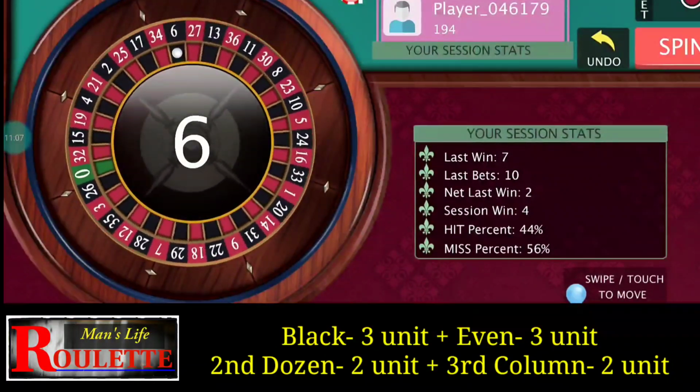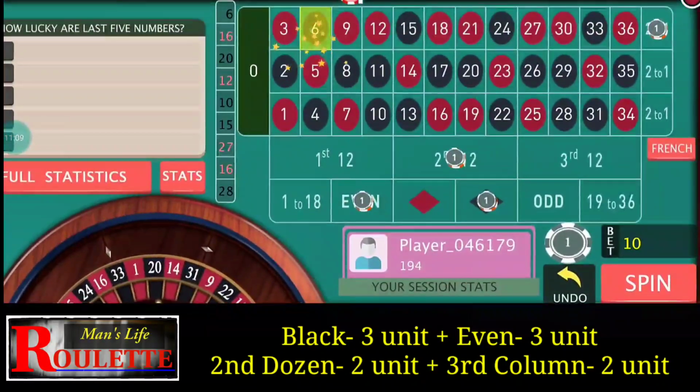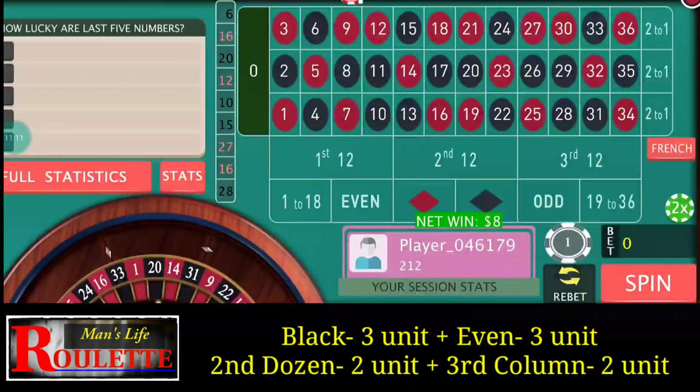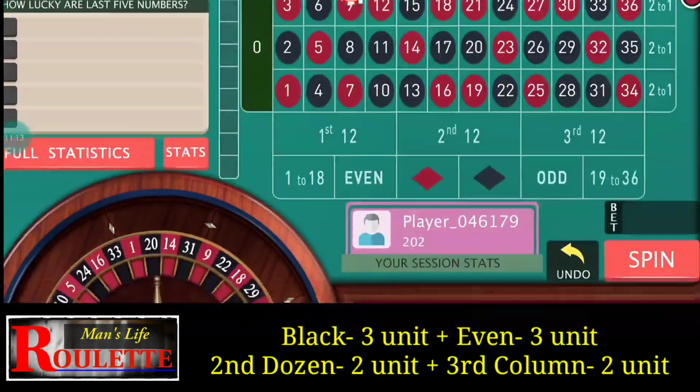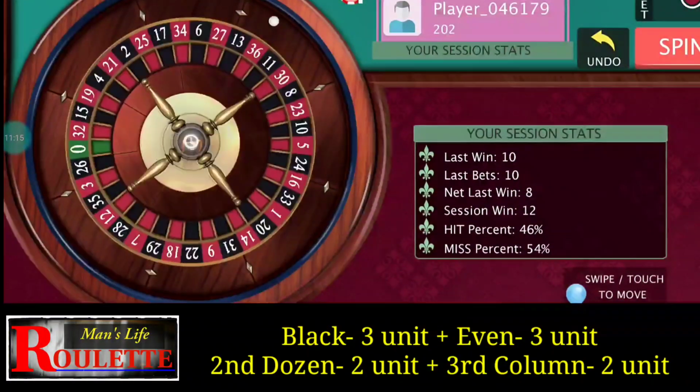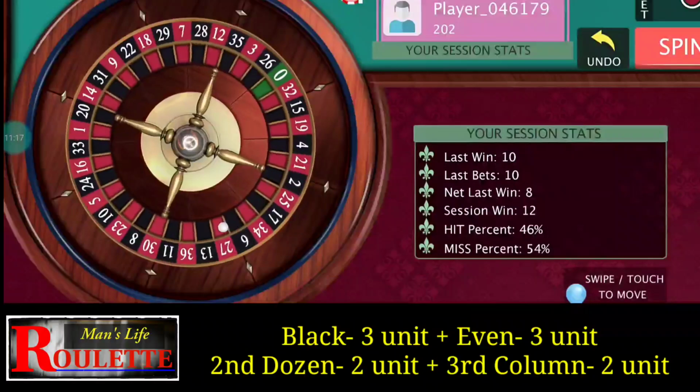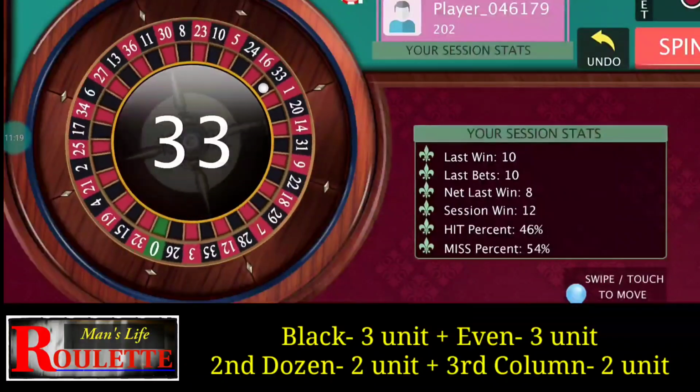If you are within a range of more than $150 and less than $230, then don't increase or decrease the bets. Just simply rebet with the same basic bet amount and continue the game.